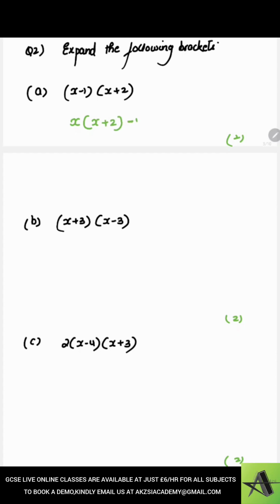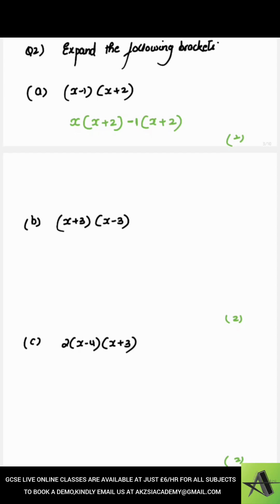Similarly, pick the second term of the first bracket and multiply it with the second bracket. In short, keep in mind that you are multiplying every term of the first bracket with the second bracket.